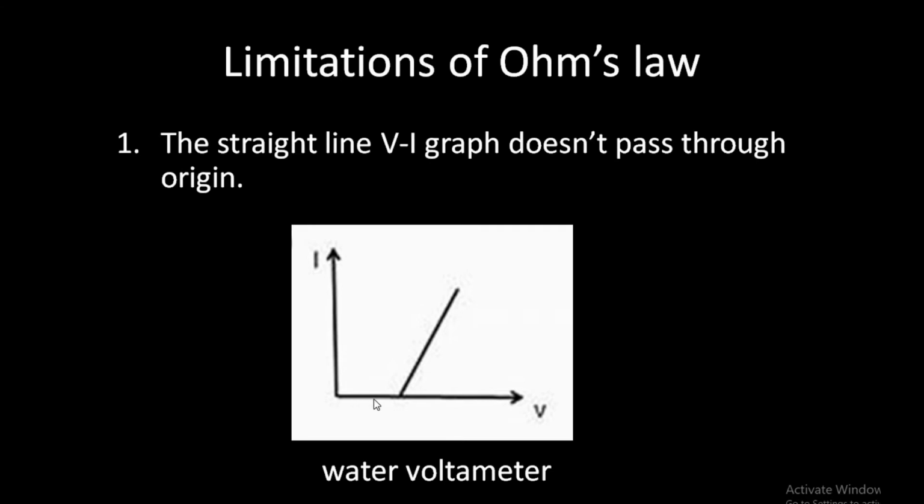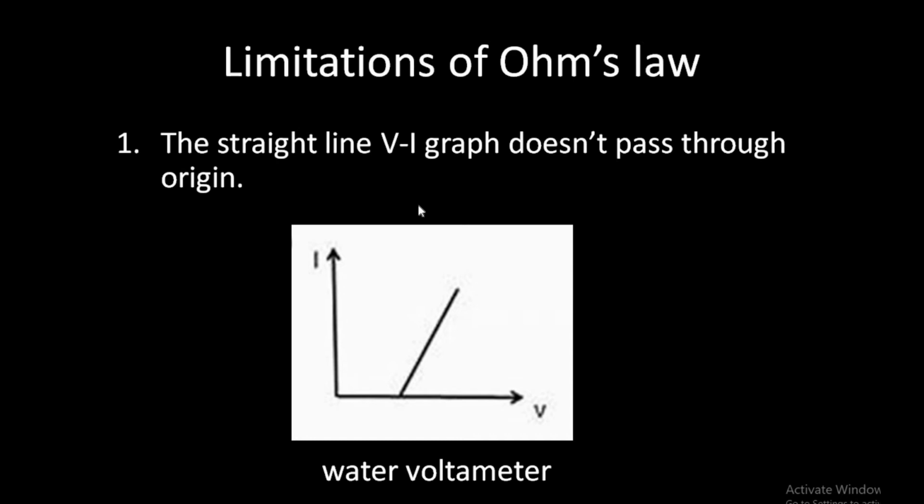Here we can see that the current is zero until the potential difference becomes equal to the back EMF, and for the voltameter that is 1.67 volt. After this voltage, the current starts increasing linearly. So we can conclude that the water voltameter doesn't obey Ohm's law, as the VI graph does not pass through the origin. Hence, the water voltameter is a non-ohmic conductor.